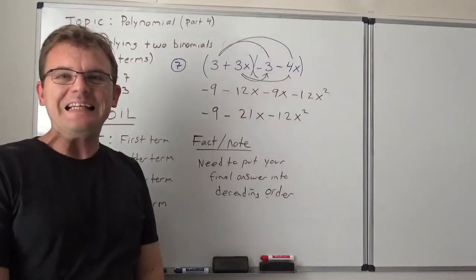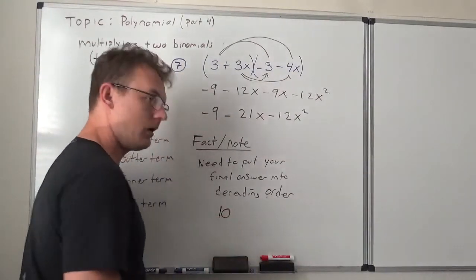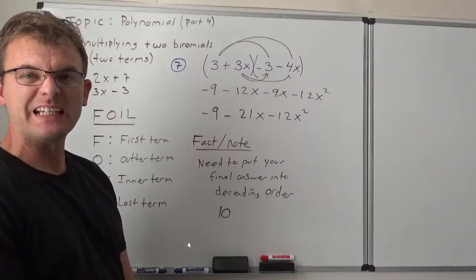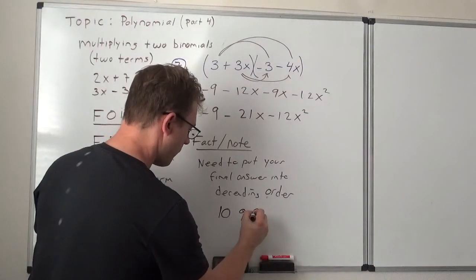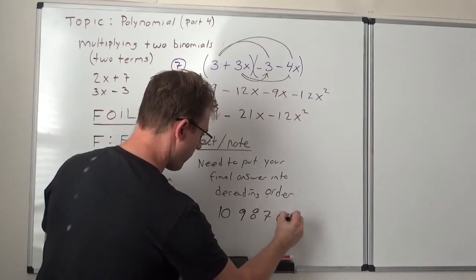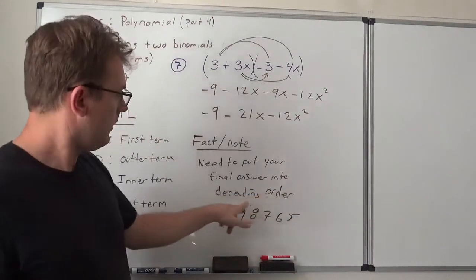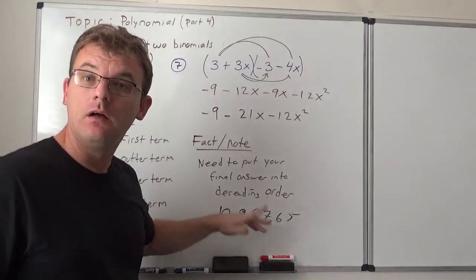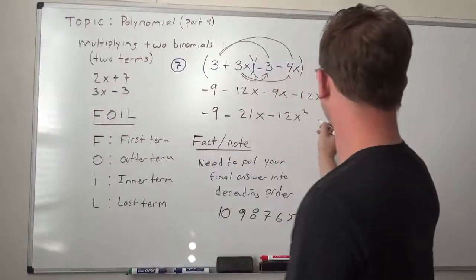If you don't know what descending order is, what's next for descending from 10? That's descending. It goes down. Descending down. So, look at right here.